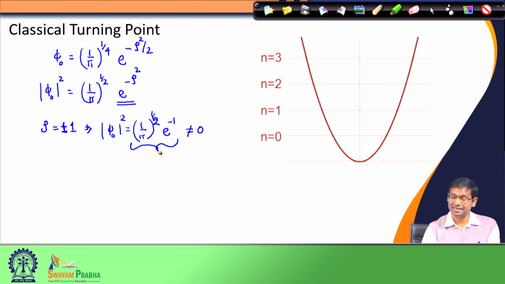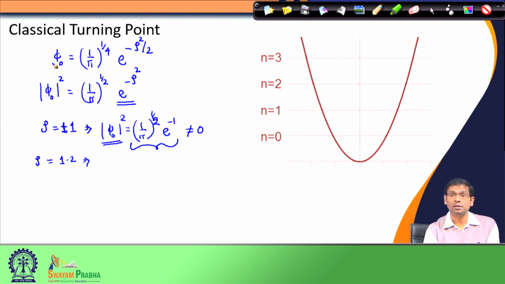What does this mean? At the classical turning point, rho equals plus 1 or rho equals minus 1, the probability density of the harmonic oscillator is not 0. That means I have a finite probability to find the system at the classical turning point. That still does not violate anything, but if you do this calculation for any value of rho, suppose 1.2 or 1.3, you would see that the probability density is also non-zero.